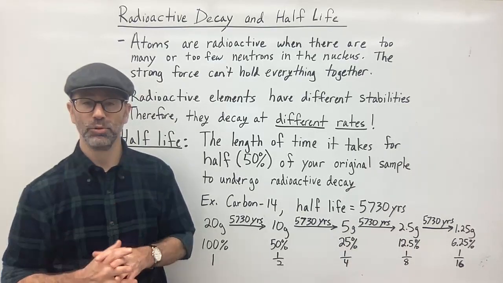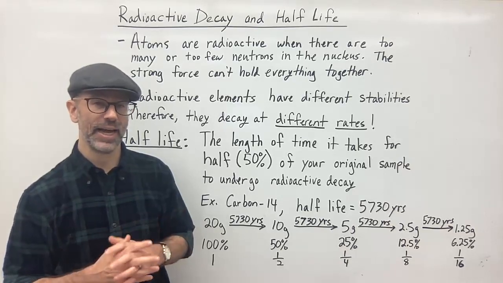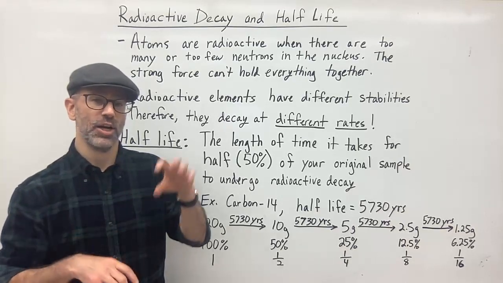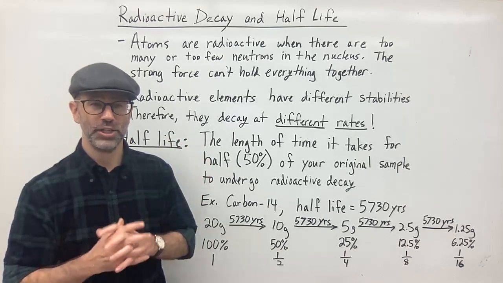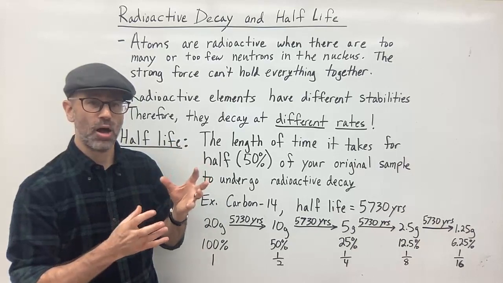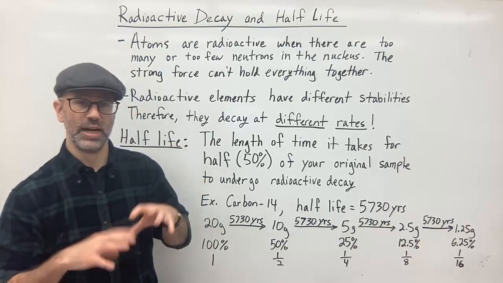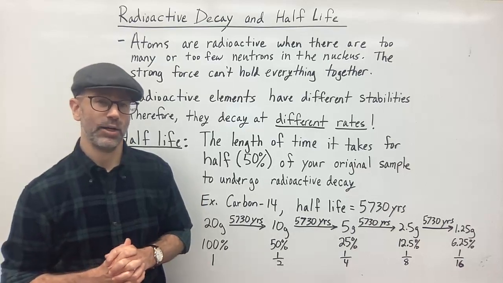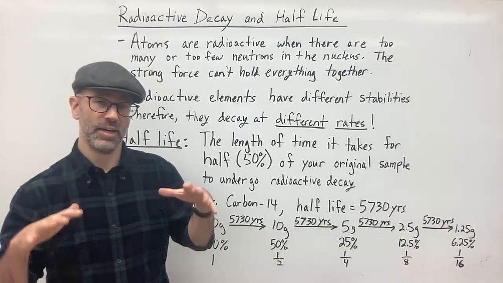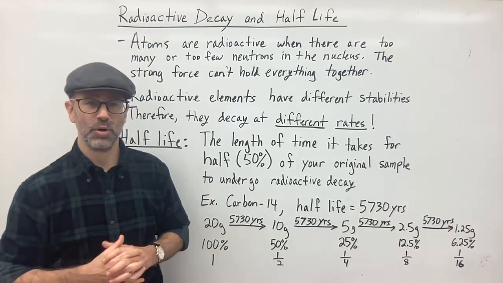The nucleus of the atom will be unstable, and therefore it will undergo certain kinds of decay in order to change that neutron to proton ratio, right? If it's too large, if you've got too many neutrons, it'll undergo decays to try to lower the amount of neutrons and increase the number of protons.